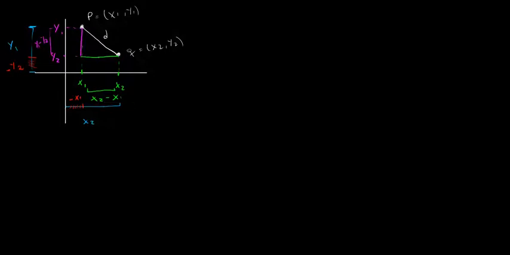So now we use the Pythagorean theorem and we'll get that this square is going to be equal to the square of the green distance, that is x2 minus x1 squared, plus the square of the pink distance, that is y1 minus y2 squared. Let's work a bit on this formula.